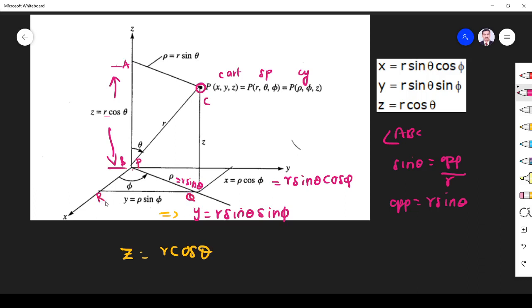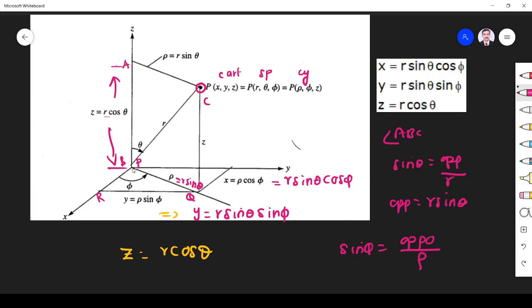Let us name it PQR. Find this triangle PQR. You take this angle, and let us take sine phi. Sine phi means opposite by hypotenuse. What is my opposite? Opposite is this length. Opposite side divided by hypotenuse, which is rho.